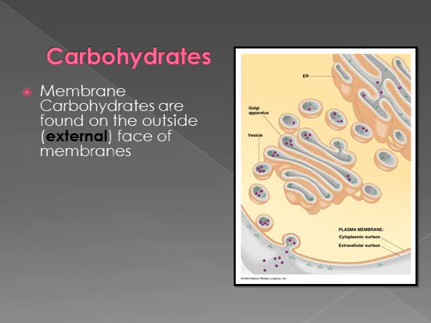So carbohydrates are found often on the outside face of the membranes, and this little graphic is showing us how that might be the case. In this graphic, we're seeing carbs, the little green structures, being produced, protein and sugar structures being produced partly in the endoplasmic reticulum and then packaged and sent out from the Golgi apparatus.